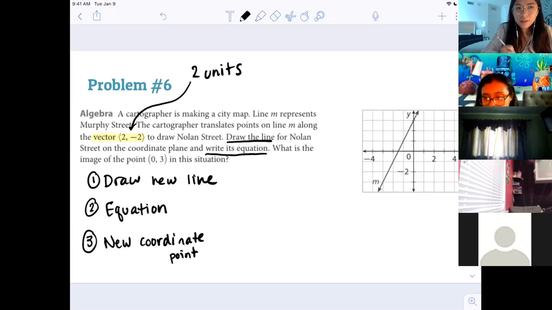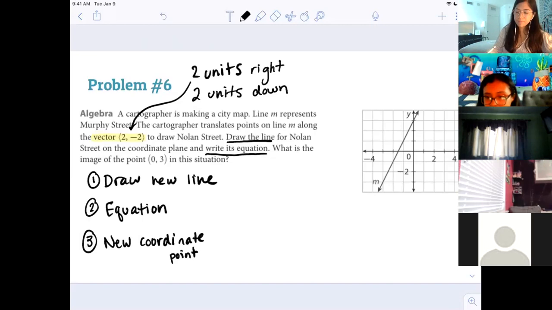Okay, the +2, the first one, is 2 units to the right. Good. And then the -2 tells me to go 2 units where? Down. Good.